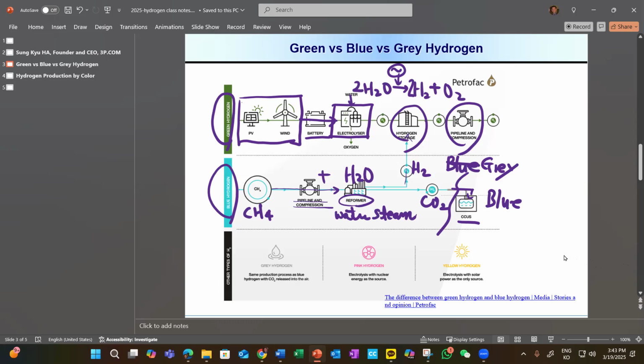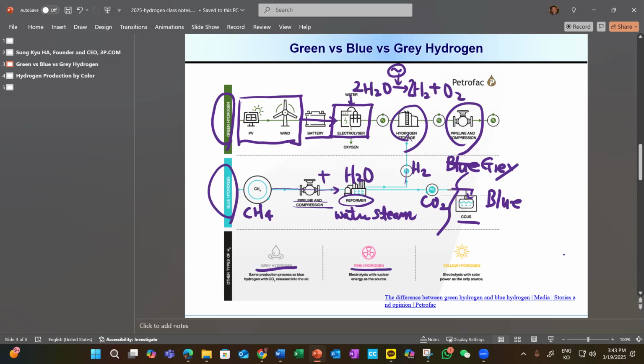And then, well, I just mentioned that gray hydrogen is the same production process as the blue hydrogen with the CO2 released into the air. That is nothing but called the gray hydrogen. And pink hydrogen, where is it?